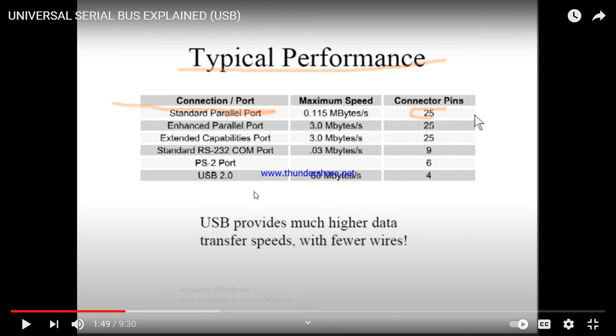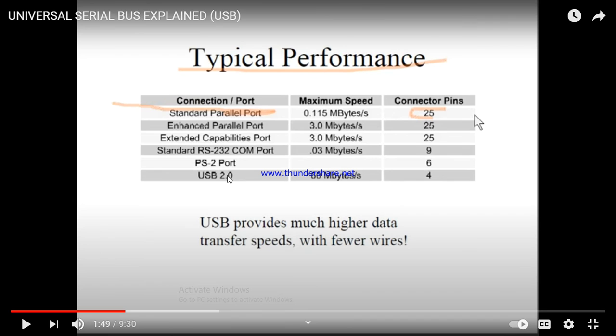This USB 2.0 or USB 4.0 has how many pins? 4 pins. Means can you imagine, while evolving from the standard parallel port to USB ports, the pin count column gets reduced, and the speed column gets maximized, extended, increased, right?